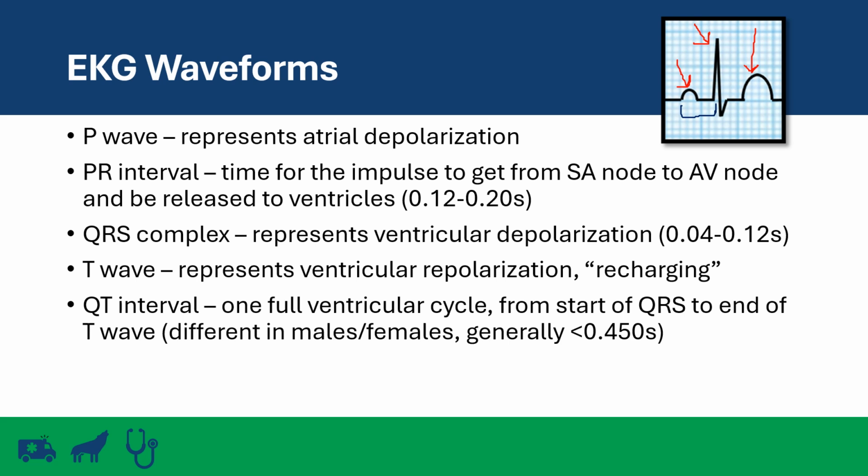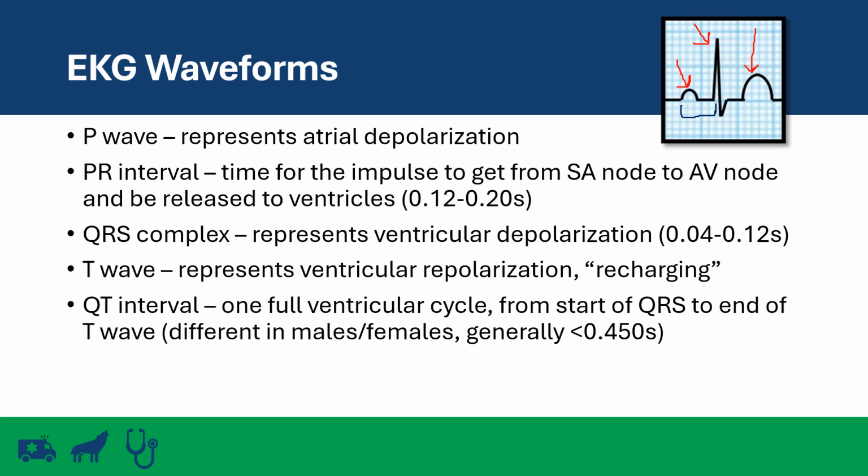So repolarization can simply be thought of as recharging. Now the T wave represents ventricular repolarization, and the atria also repolarize. However, this waveform gets buried within the QRS, so we don't see a defined wave for atrial repolarization.